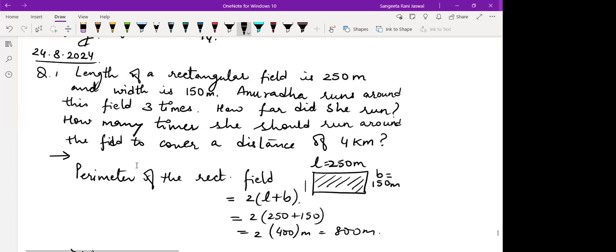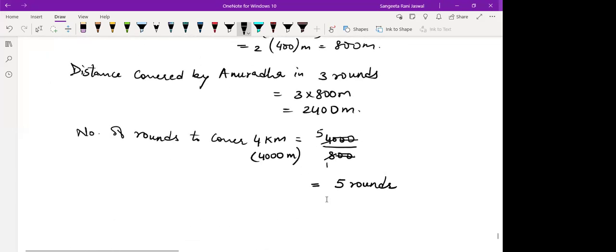Okay. Now the question is asking if she has to cover a distance of 4 kilometers, that 4 kilometers will be covered in how many rounds? In that case, what will you do? See, this is 4 kilometers. First, we will convert this to meters because everything is given in meters. Yes, ma'am. So 4,000 meters, when you divide it by the perimeter, you will get 5 rounds.